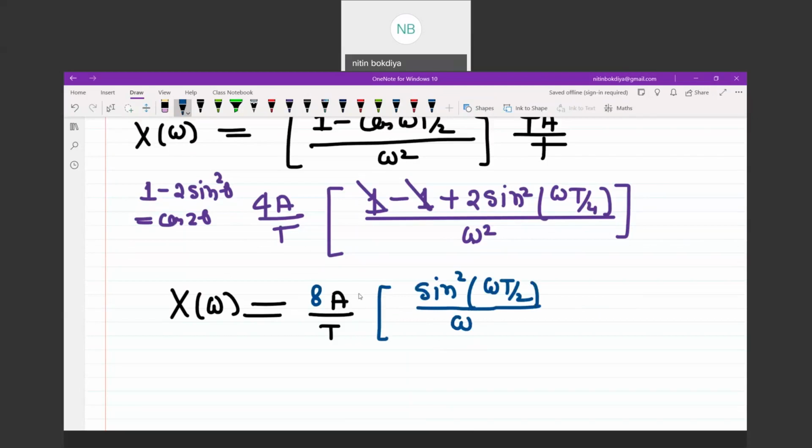You can multiply by t so that it becomes t² here, so you can write ωt, and cancel this t also.